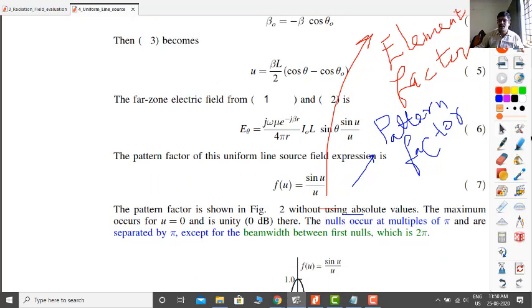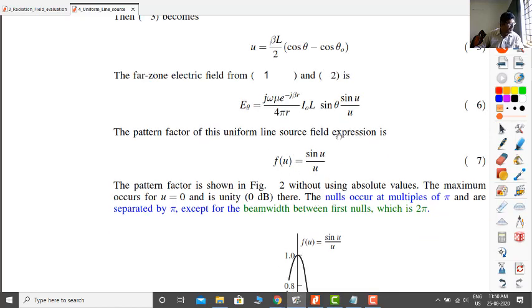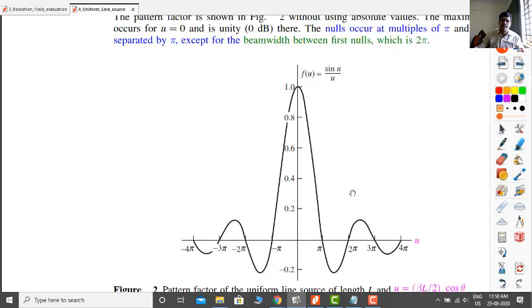Now the pattern factor alone is shown here. Sin u by u is a very familiar function for us. So when we plot sin u by u, this is the plot.